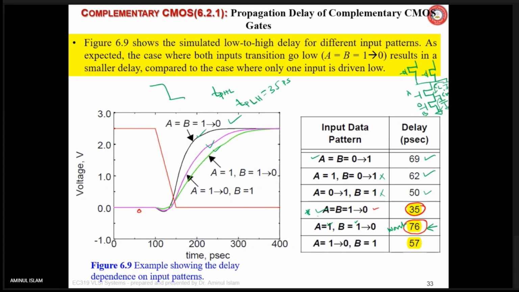It is becoming 0, which means this FET is off. And say this is B, so this FET is only on. So only a single P MOSFET has to charge both the capacitor CL as well as C in. So delay is maximum here.